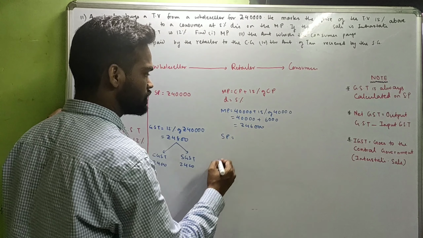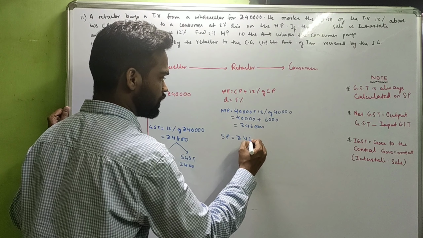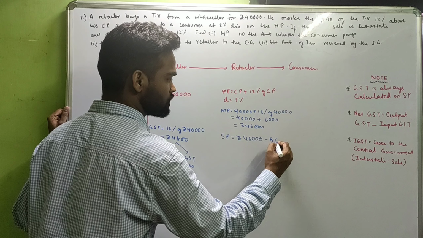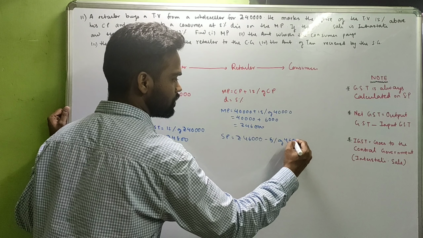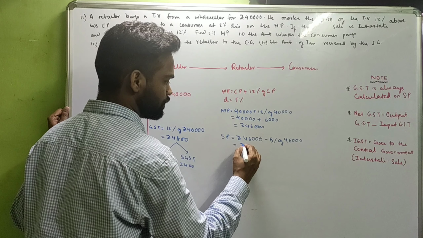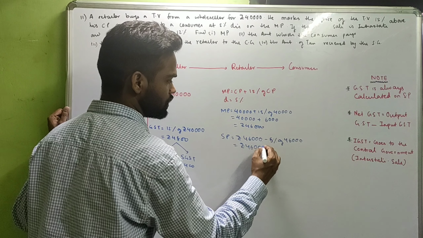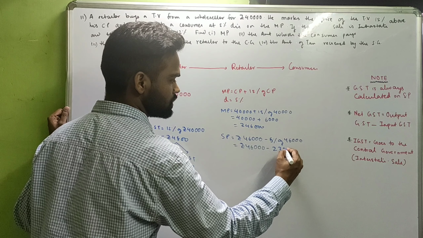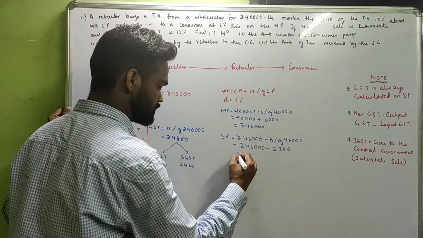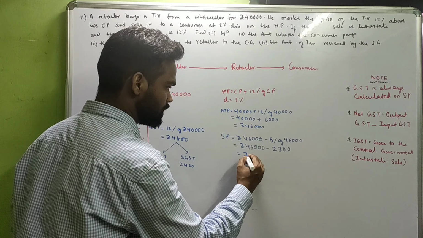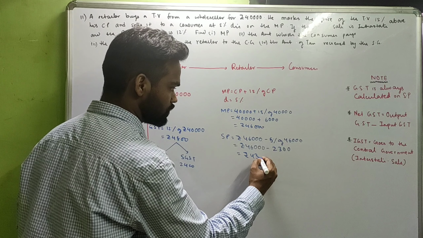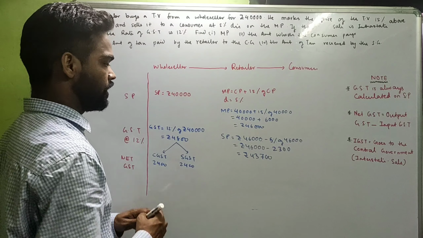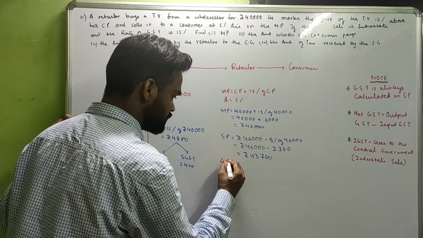The SP is 46,000 minus discount, which is 5% of mark price, which is rupees 2300. So the selling price will be rupees 43,700. Am I clear?